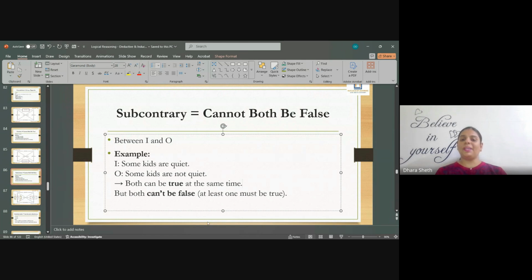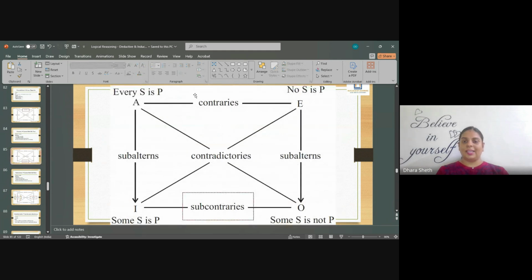That is subcontraries. Here it is the exact opposite of contraries: both can be true at the same time, but both can't be false. At least one has to be true, in I and O.